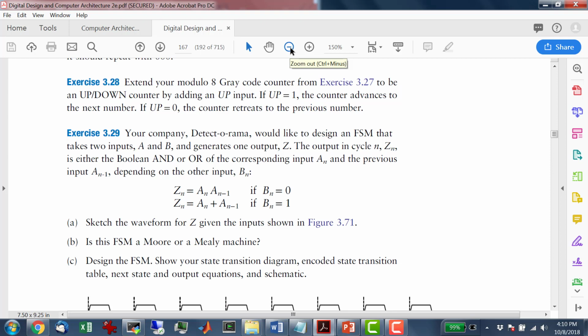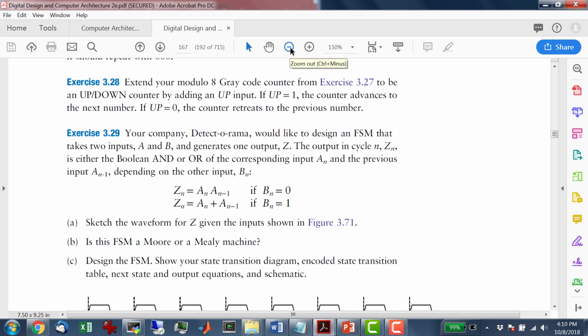Now, if my A is 1, and let's say my B is 0 here, right? That means my Z is going to be an AND, but it's going to be 0 and 1, right? Yeah, because my old was 0, my new is 1. But likewise, if my A is 1 and my B is 1, that means my Z is going to be 0 or 1, right?